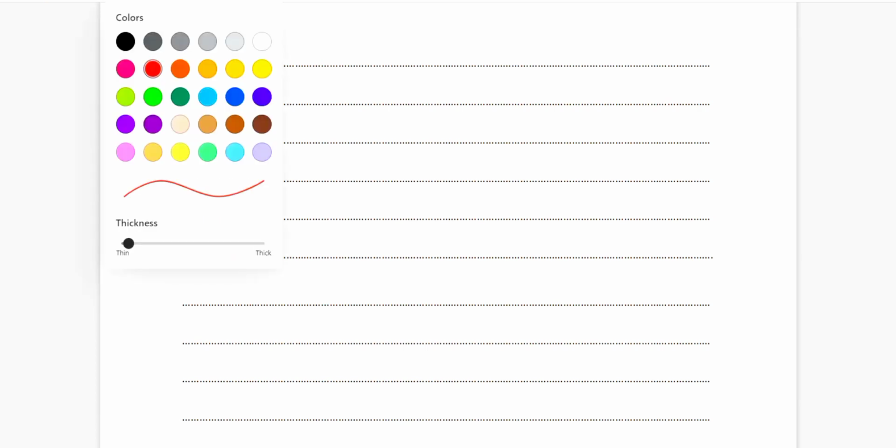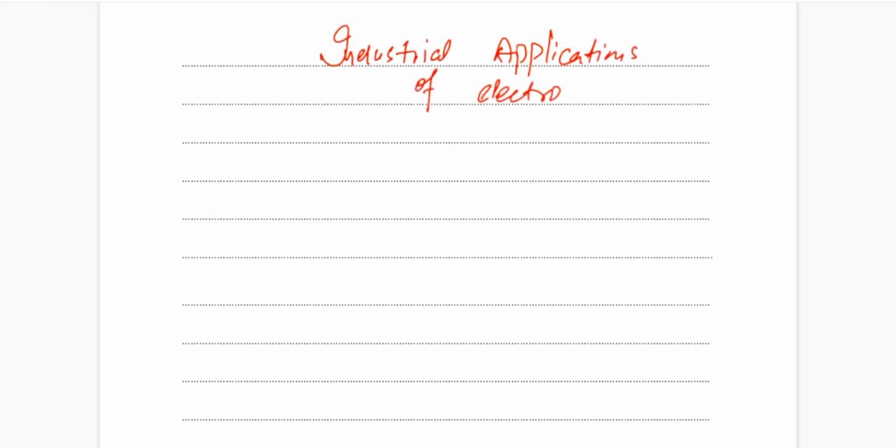Okay, what are the applications or industrial applications of electrolysis? There are two main applications which we study.